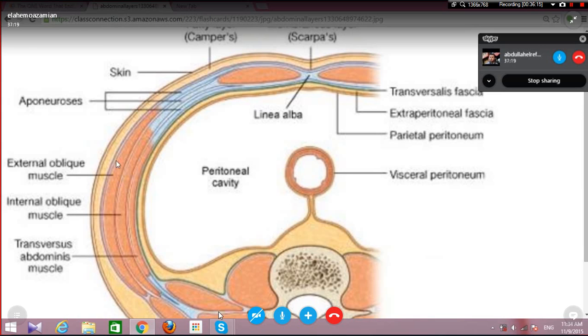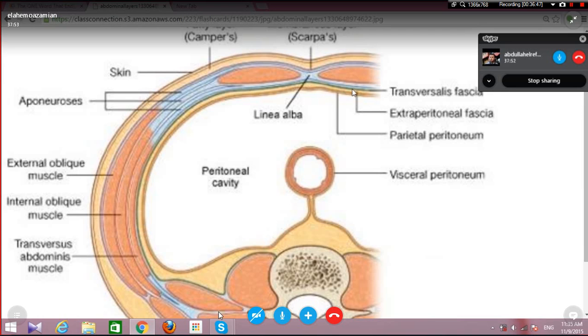What is the first muscle? External oblique, covered by the superficial layer of deep fascia. Then we have the internal oblique, which is covered by the intermediate layer of deep fascia. Then we have transverse abdominis, which is covered by the deep layer of deep fascia. Very good. What do we have after?